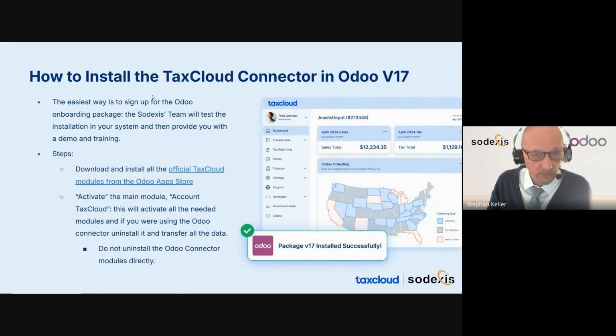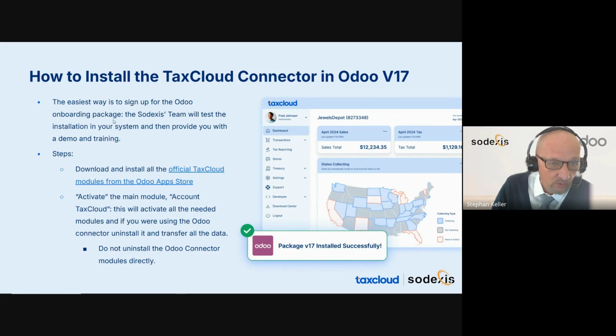Just a few words about installing the TaxCloud connector in Odoo V17. Really, the easiest way is to sign up for the Odoo onboarding package that TaxCloud is offering. If you sign up for that, you'll have full support of the Sodexis team. We'll test the installation in your system and then provide you with a demo and training.